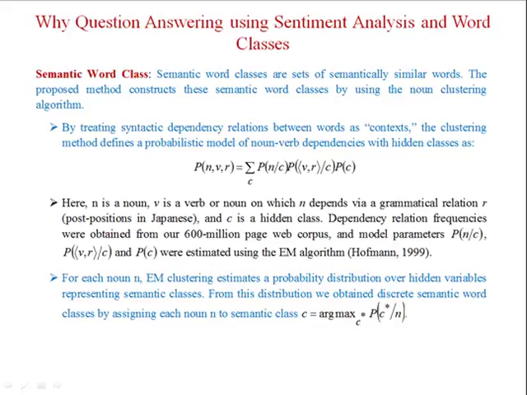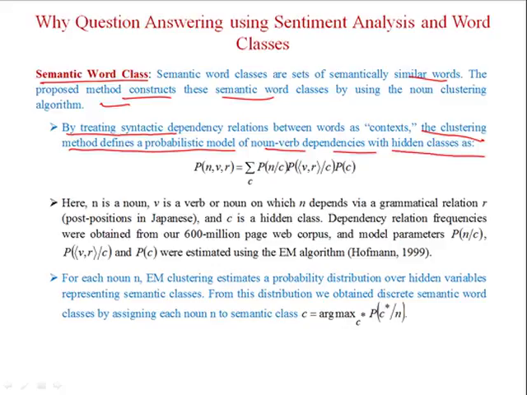Now the semantic word classes. Semantic word classes are sets of semantically similar words. The proposed method constructs these semantic word classes by using a noun clustering algorithm. It treats the syntactic dependency relation between words as a context, and the clustering method defines a probabilistic model of noun-verb dependencies with hidden classes, the probability of the noun-verb relation and the grammatical relations between them.